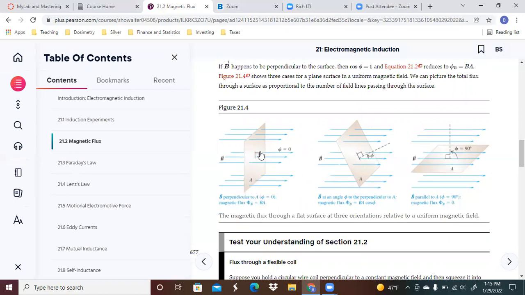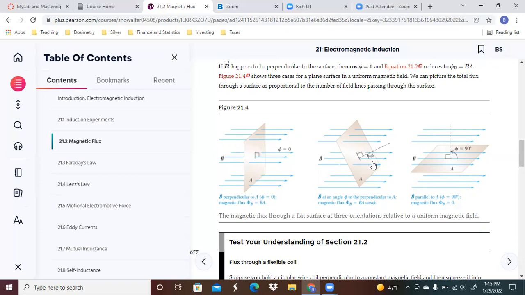If you have your cross-sectional area A, and it is completely perpendicular to B, then your magnetic flux through here is just going to be the product of those two. If you're at an angle, that's when you apply the cosine here, which in this particular case is going to end up being less than 1.